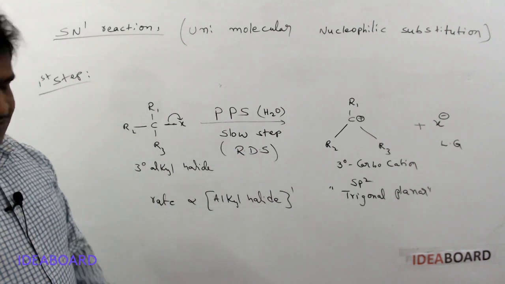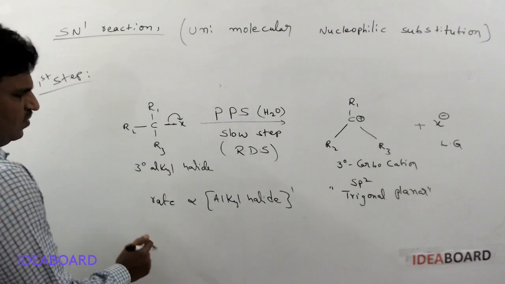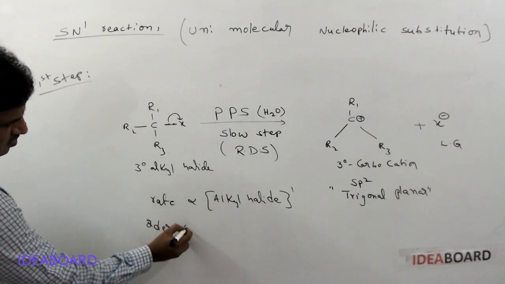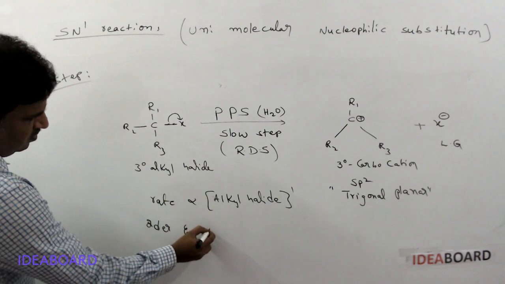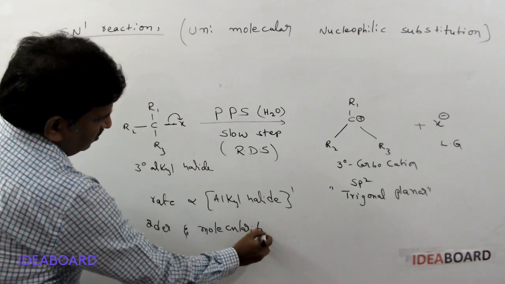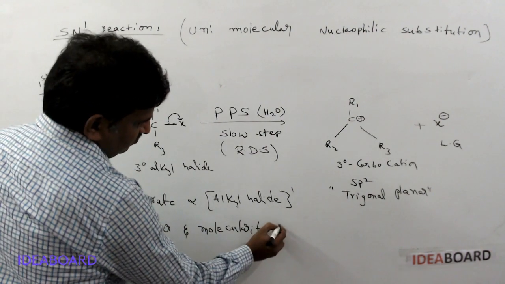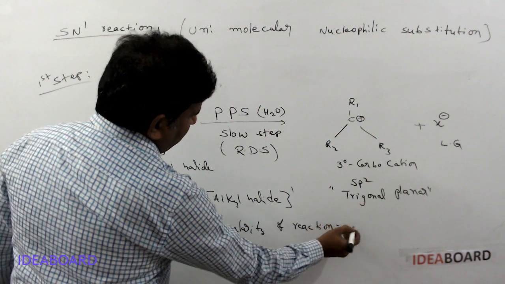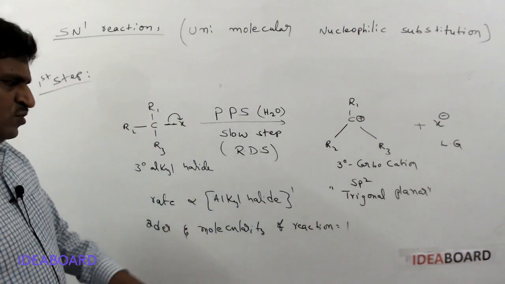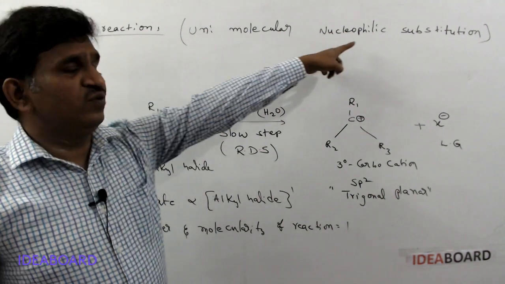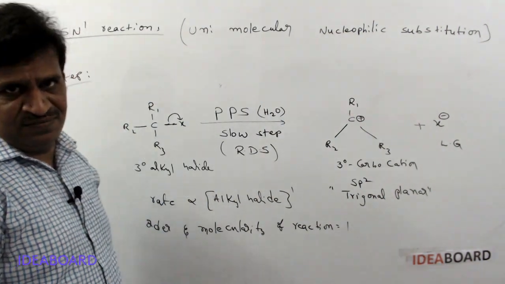This is the rate equation. And as per this reaction, what is the order of reaction and molecularity? Yes, the order and molecularity of the reaction is 1. So this is called a unimolecular nucleophilic substitution reaction.